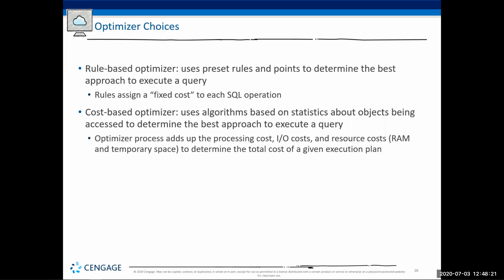Rule-based, where the user presents a set of rules to determine the best way to run your query, or cost-based, which uses algorithm-based stats about what you're accessing and what you're pulling back, what you're touching inside the database. And then it determines which is the best route.